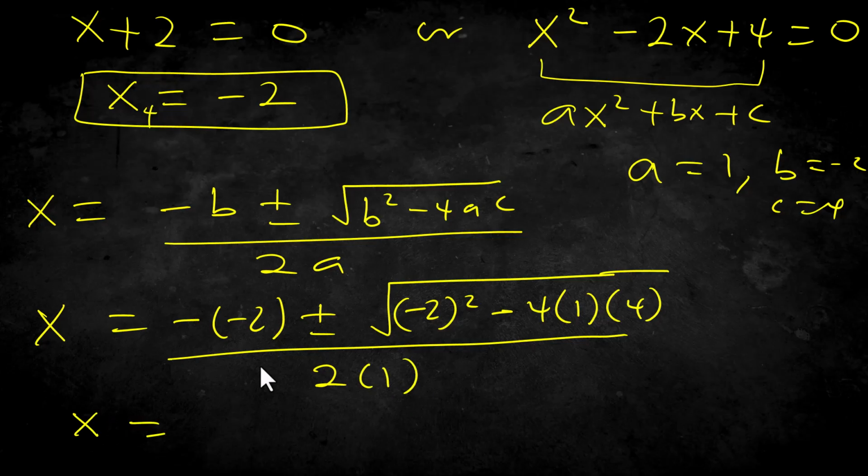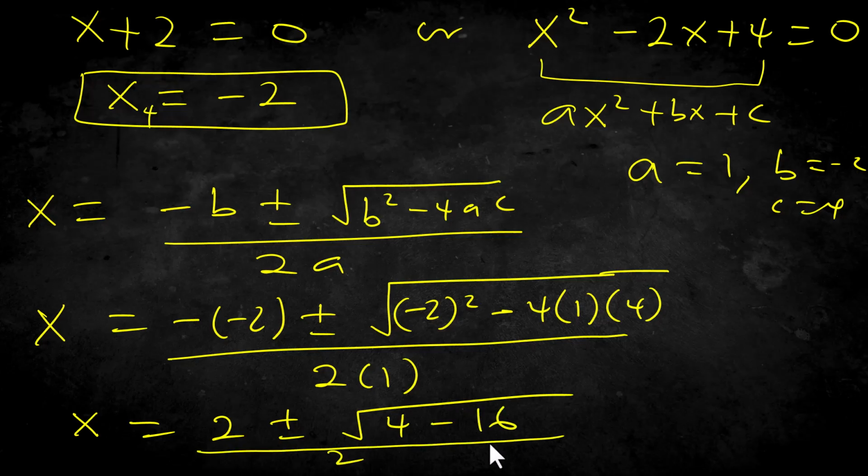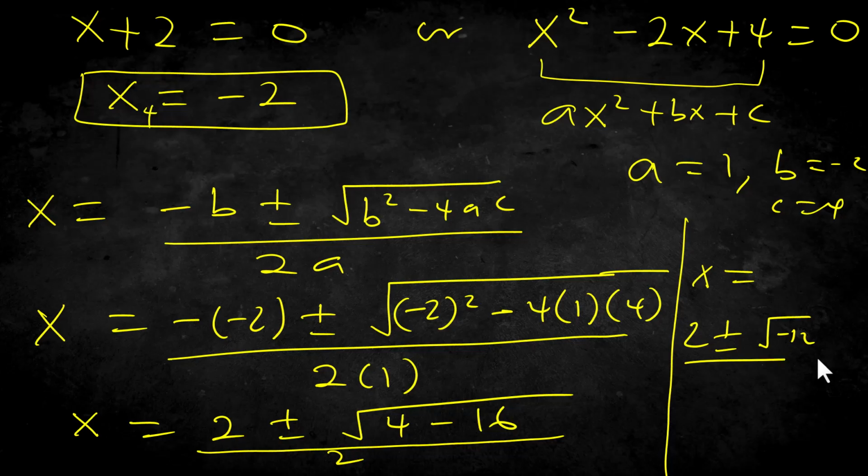So we have 2 plus or minus the square root of 4 minus 16 over 2. So we still have minus 12. So x equals 2 plus or minus the square root of minus 12 over 2.